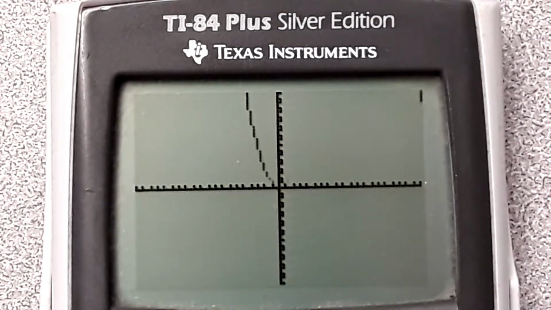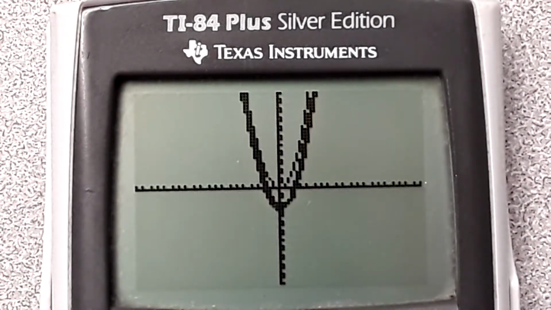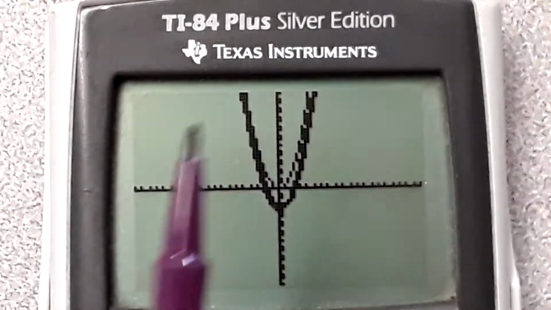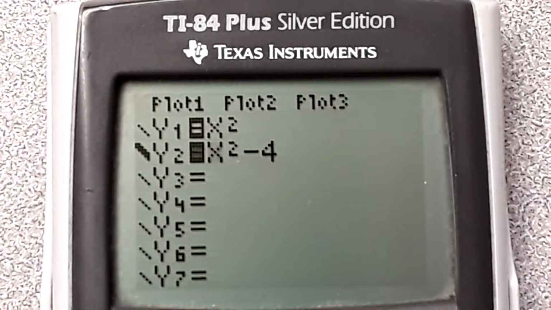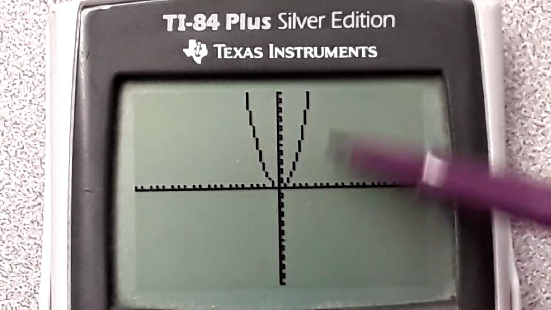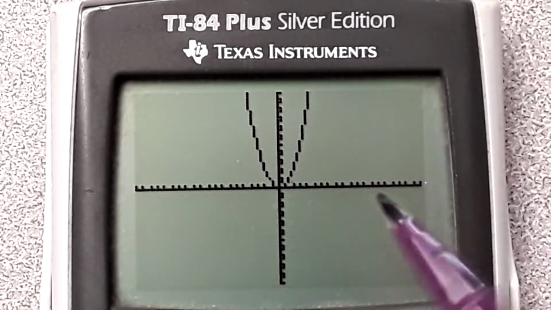Okay, now let's graph it. That's the parent function. And do you guys see? Look what it did. The parent function was up and down. See, it just is at 0, 0.